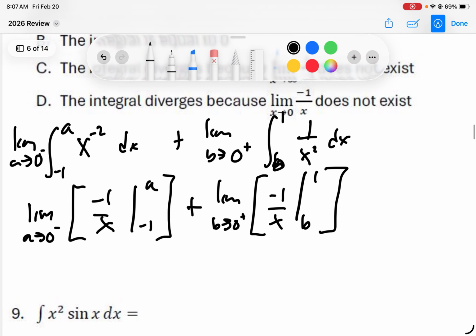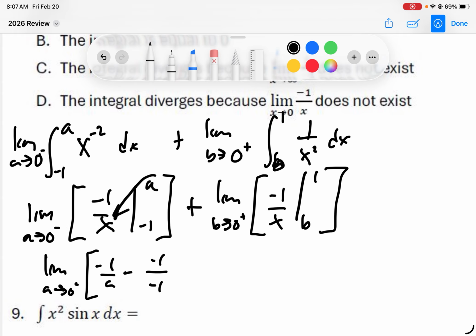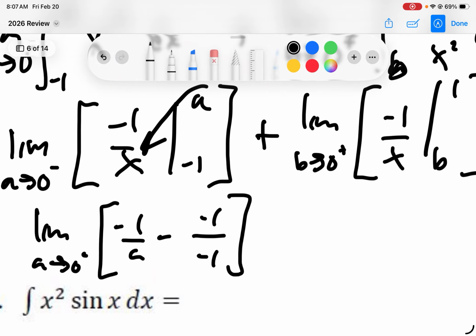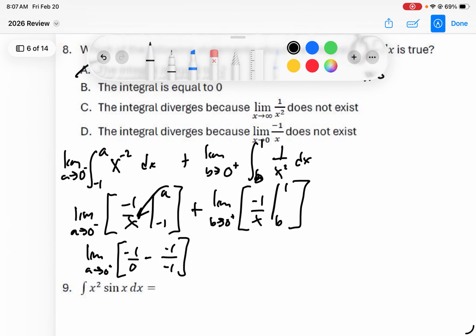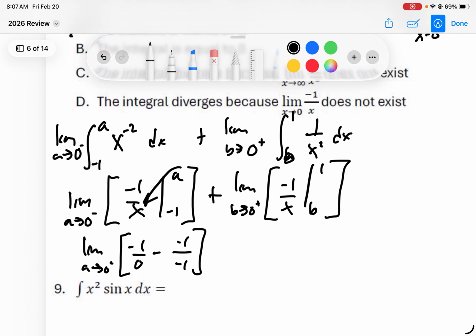All right, so now if I plug in a here, what's the limit as a approaches 0 from the left of -1 over a minus -1 over -1? As a approaches 0, can you divide by 0? That's pretty much undefined, right?